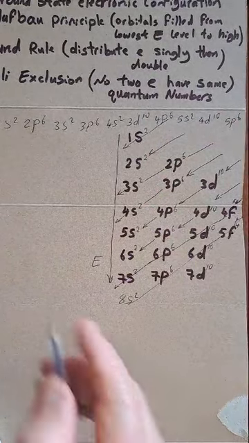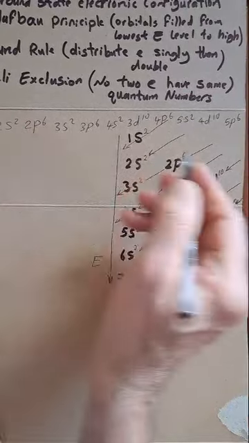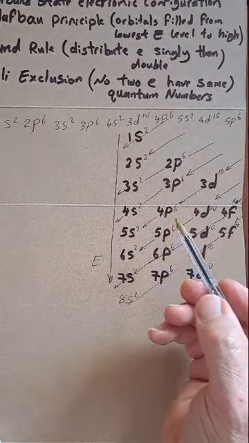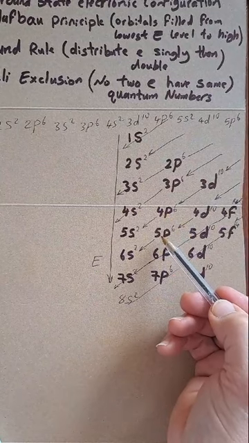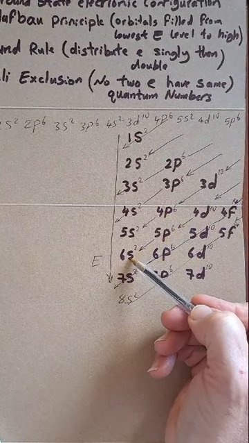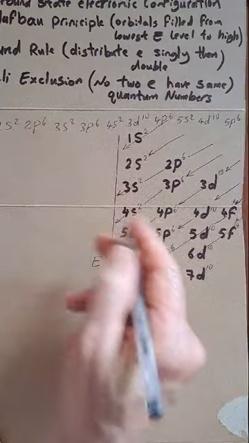Okay, so that's how we follow the order, and you can continue for 5p6 and then 6s2 and so on for the rest.